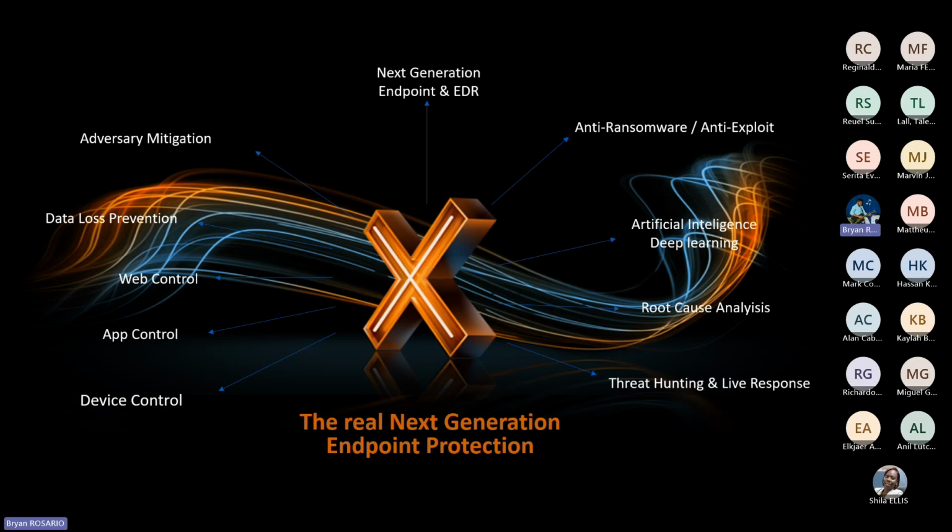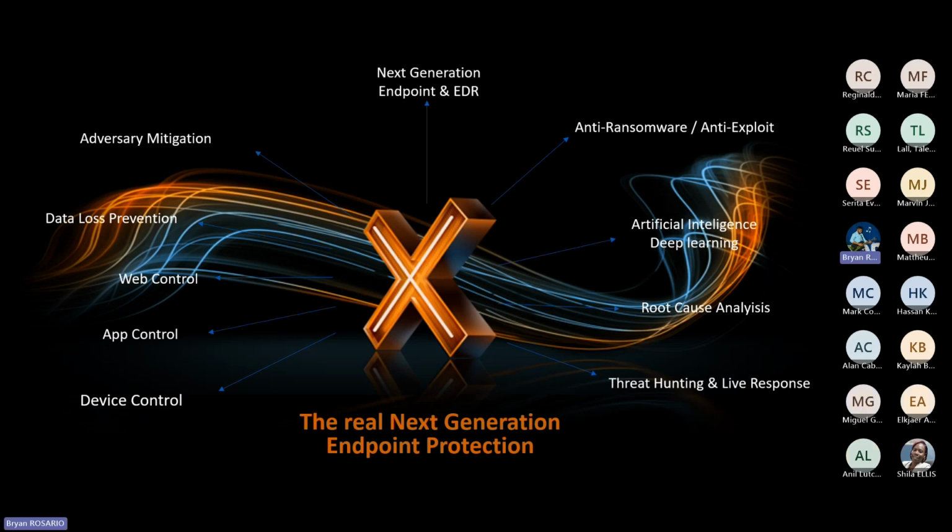So we have adversary mitigation, which detects if someone is trying to make use of exploits to gain access to your systems, data loss prevention, web control, application control, device control, anti-ransomware, artificial intelligence running since 2017. So it's already a 7-year-old artificial intelligence learning.